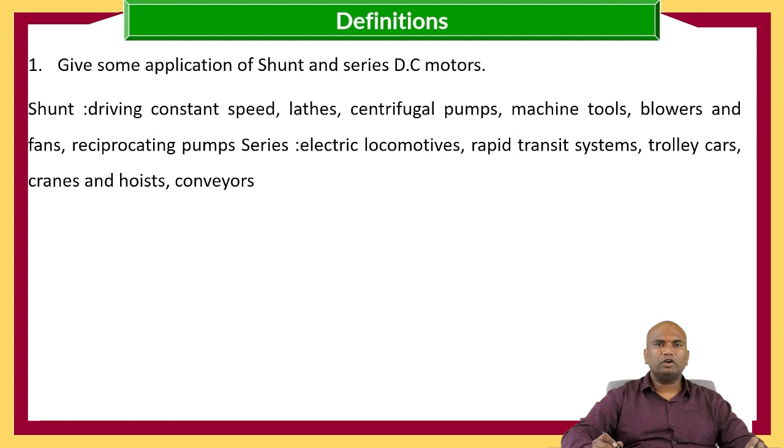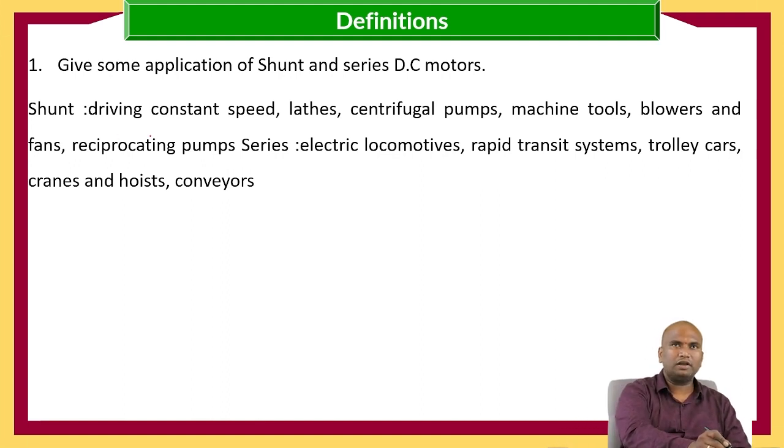motors are going to provide us the high starting torque because the field current is proportional to the armature current, so it will provide high starting torque. So these DC series motors can be used where we require high starting torques.